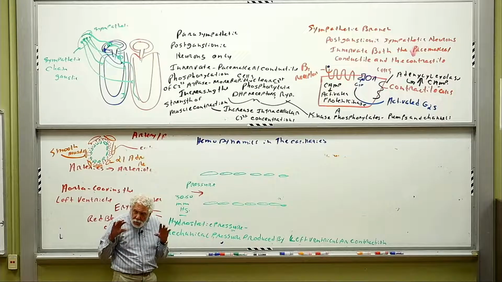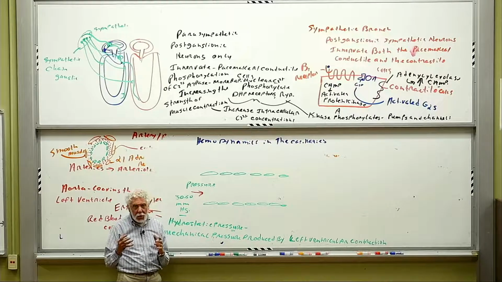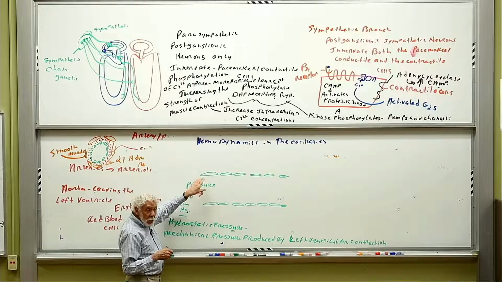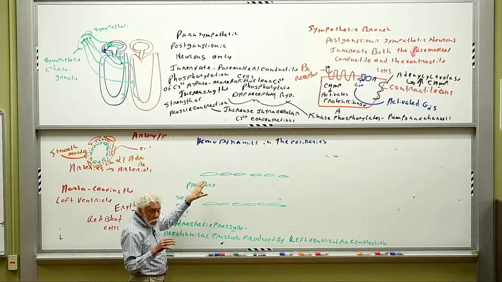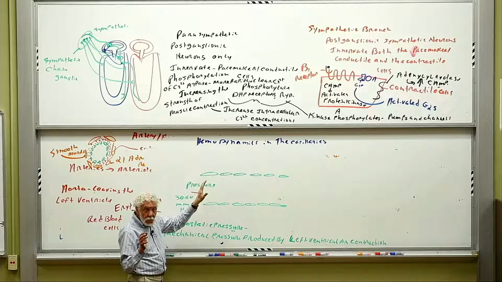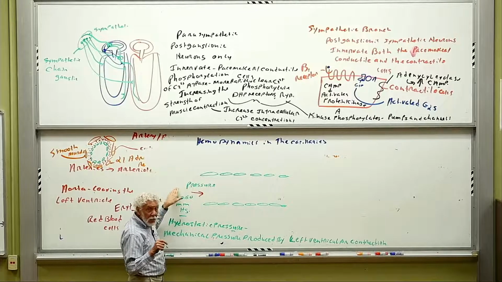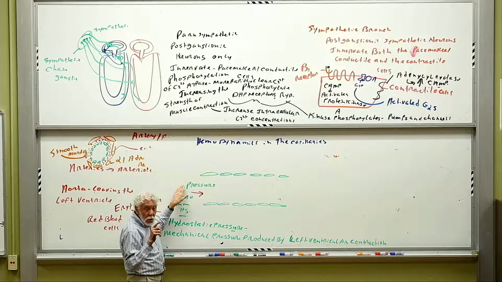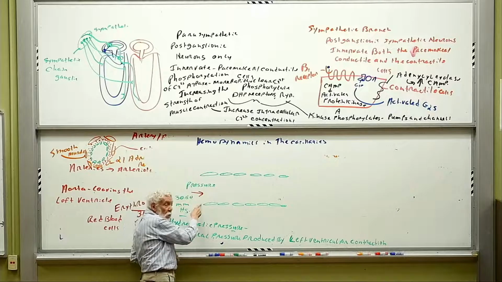Sometimes it's hard for people to get their head around this. But remember, this is a closed system. There's no place to relieve the pressure. The pressure is generated in the left ventricle. The pressure goes out into the aorta and into the arteries, and that's the pressure we saw in that last slide. But because of the friction of the fluid against the walls, that pressure dissipates.